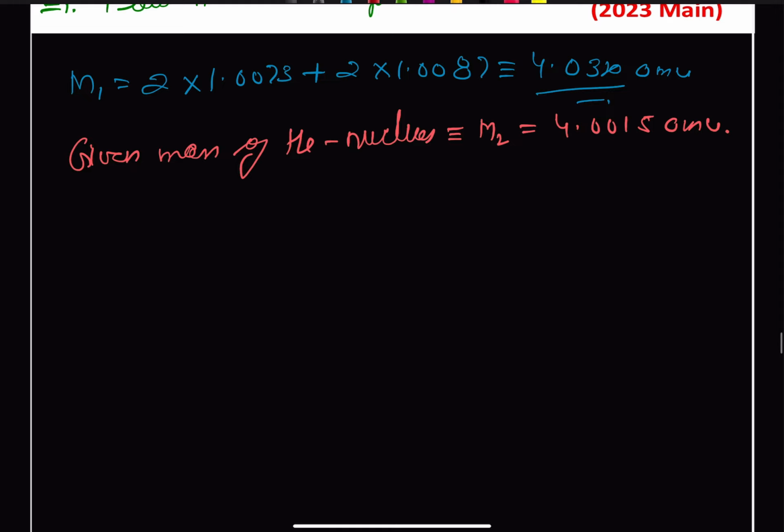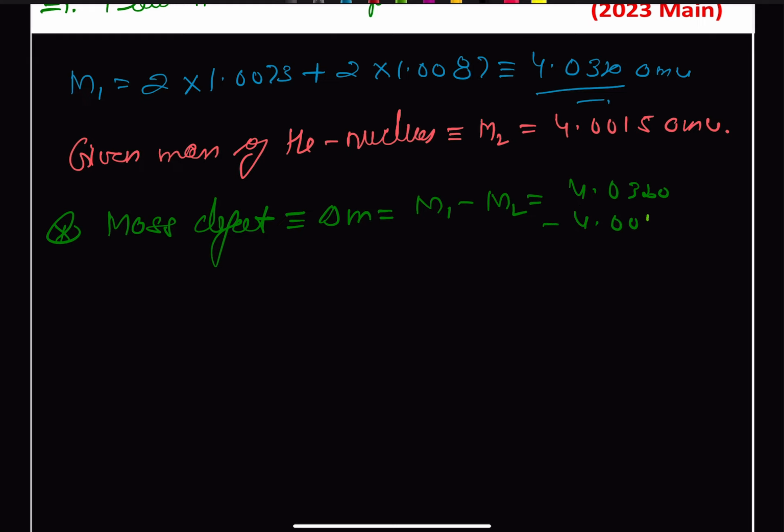Now we can use our mass defect. That is our delta M will be equal to M1 minus M2, which gives us 4.0320 minus 4.0015, and this will be 0.0305 AMU.